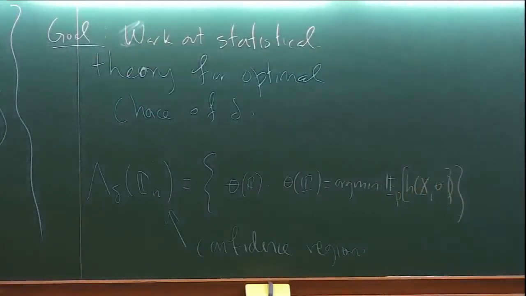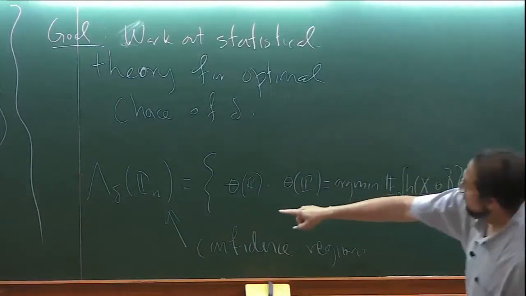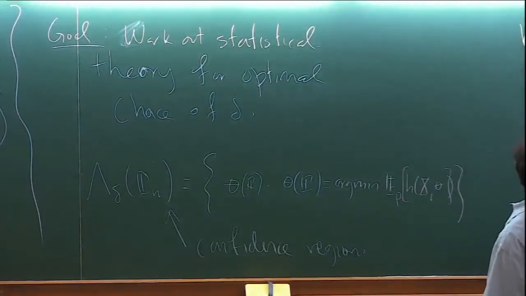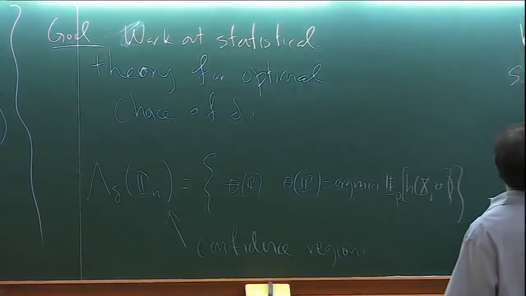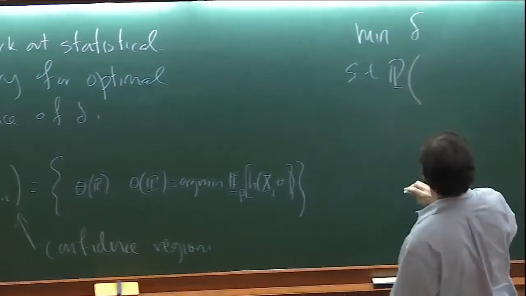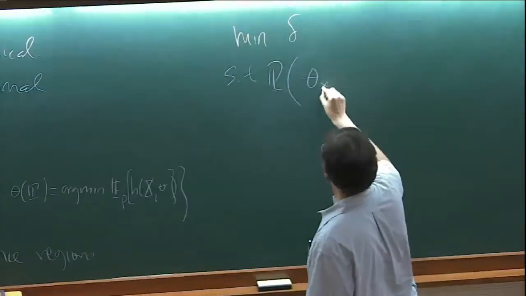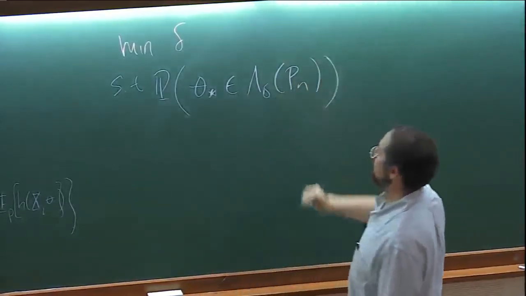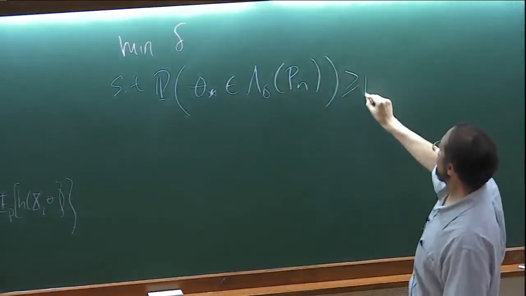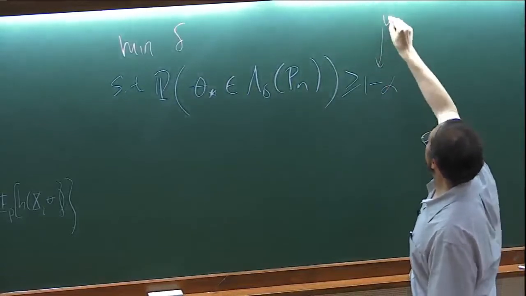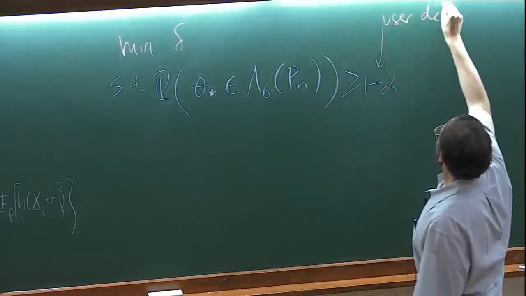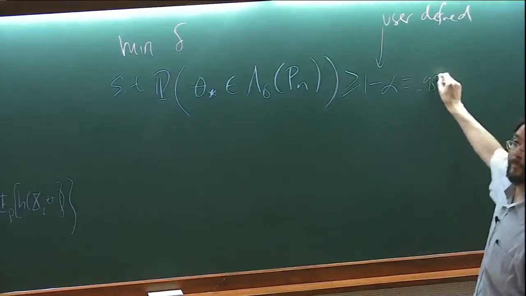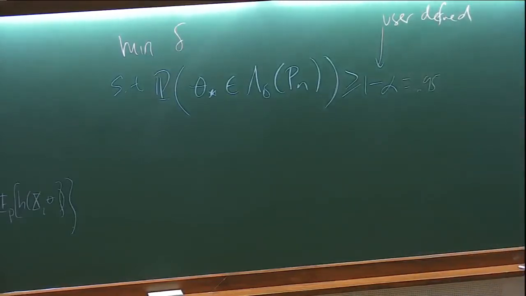This is an increasing set as a function of delta, and what we want to do is minimize delta subject to the probability that the correct decision is in the set, which is the confidence region, being at least 1 minus alpha. And this is user defined, so that, for example, could be 0.95.